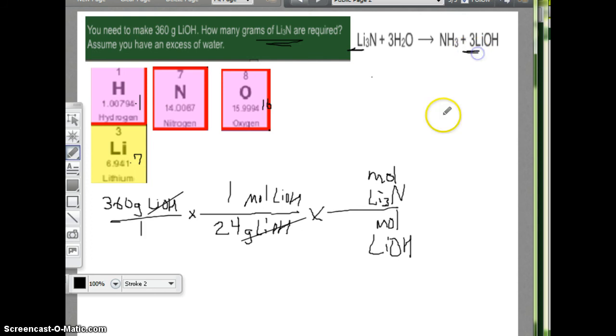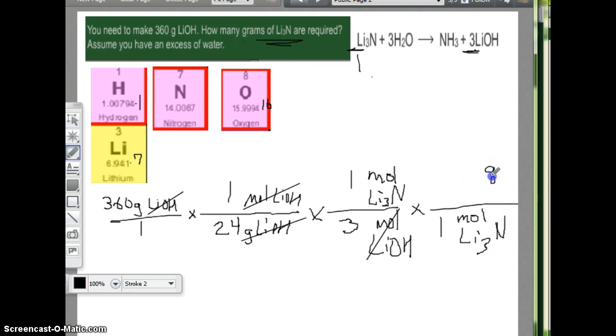And what's the mole ratio? It's 1 to 3. And which number goes on top? The 1. And then the 3 goes on bottom because that's the lithium hydroxide. And what has to go on the bottom of my next fraction? It has to be moles of lithium nitride. And what am I converting to? What's my final unit? Grams.